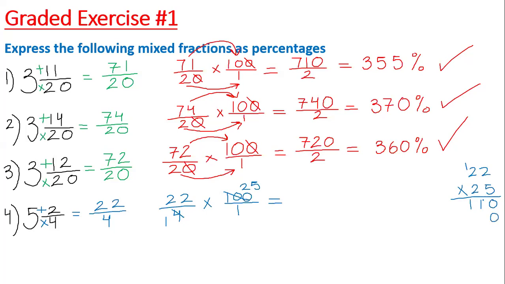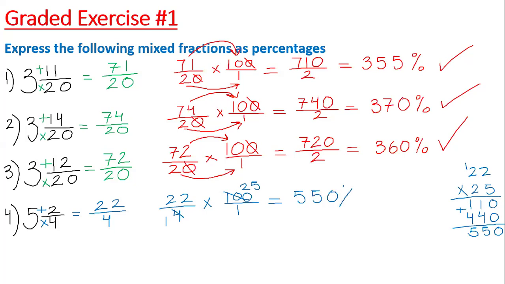Put a 0 down. 2 times 2 is 4. Plus 0 plus 0 is 0. 4 plus 1 is 5. So this is going to be 550%.